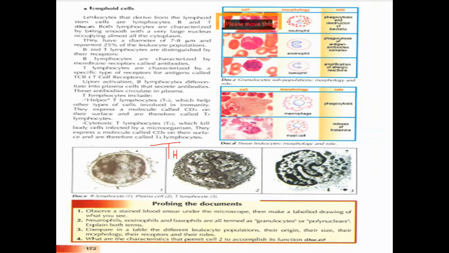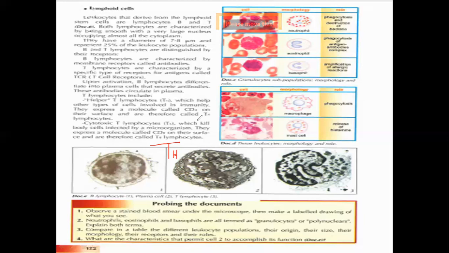So here, TH are the T helpers. These T helpers will help other cells involved in immunity. They have something called CD4. This molecule called CD4 has an important role. We're going to discover it in the coming sessions.